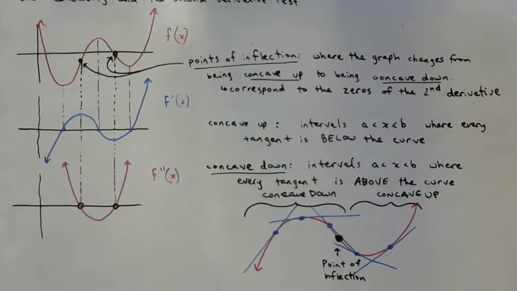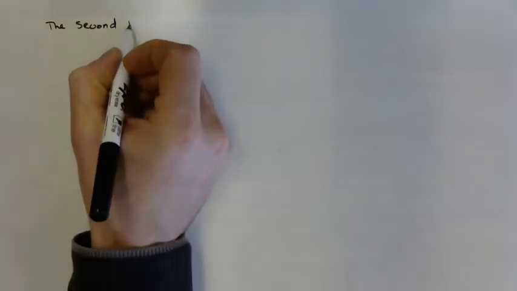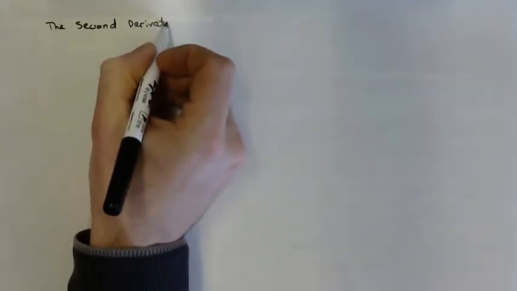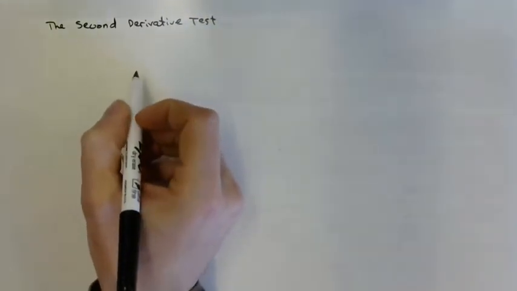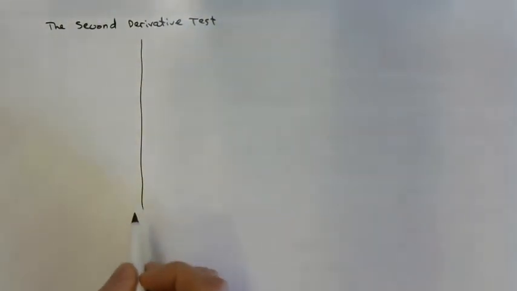Yes? So we're going to use our second derivative function to determine where these points of inflection are. And then to the left and to the right, we're going to test which intervals are concave down and which intervals are concave up. So when we do that, we're going to use what's called the second derivative test. There are three options, so we have a little chart here.